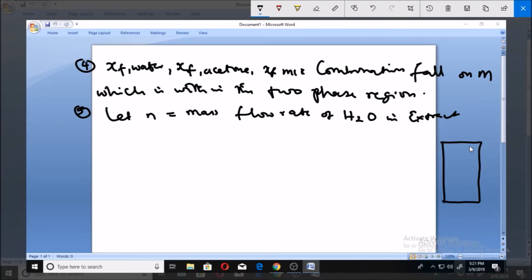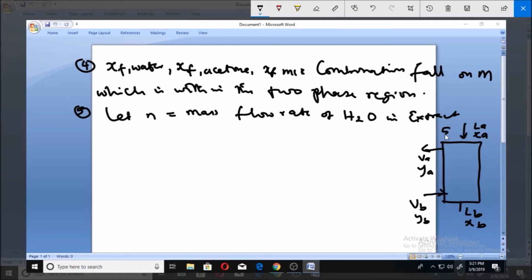The liquid goes in from here with this flow rate LA and this mass fraction, coming out here as LB with this flow rate and this mass fraction, whereas the gas goes in from here with this flow rate VB and mass fraction, and comes out here with the flow rate VA and mass fraction.